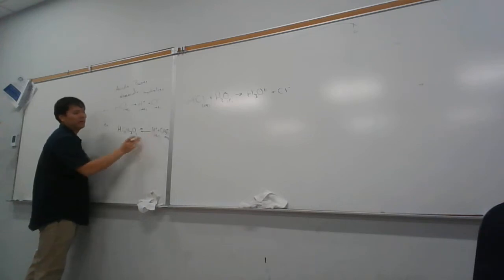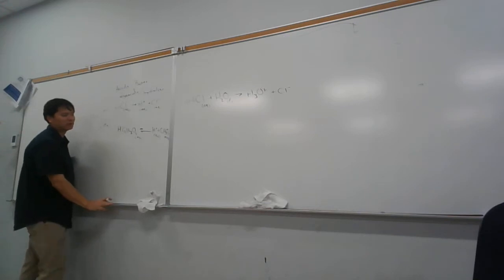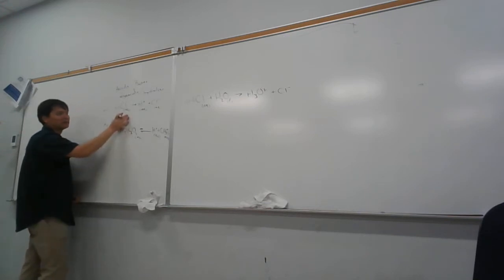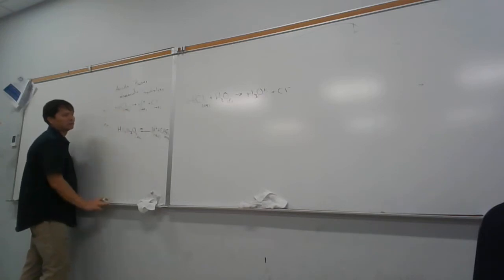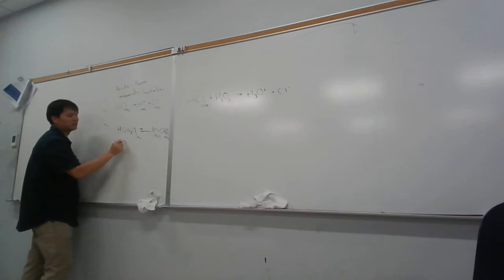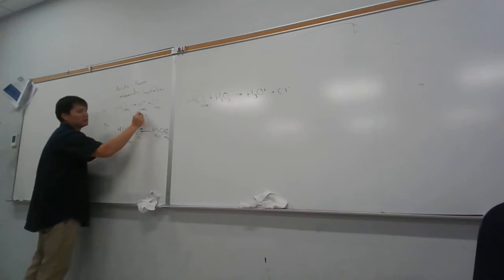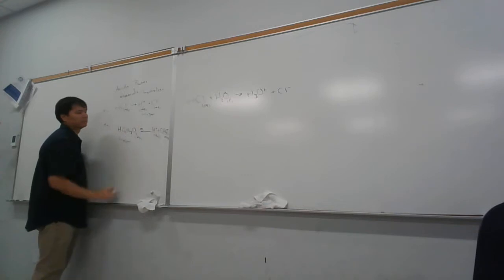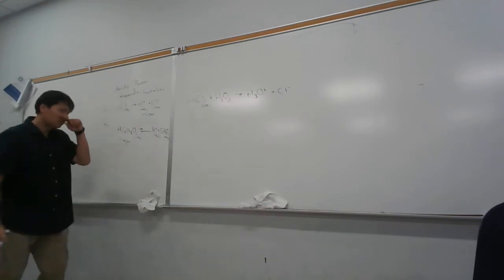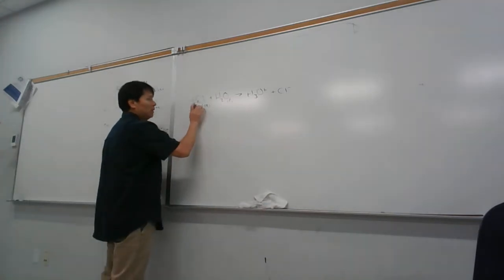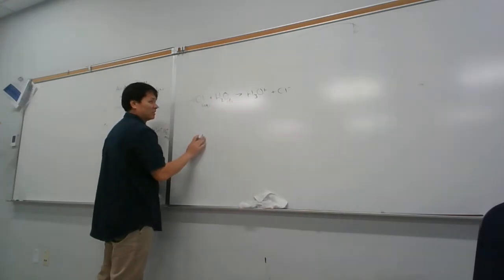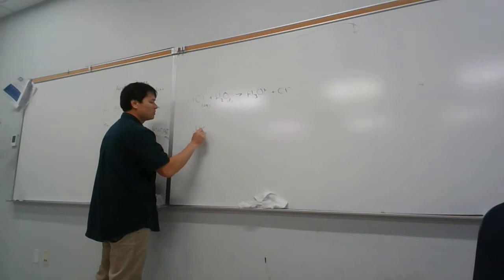And so we have a lot of molecules. We don't have that many ions. And so electrical conductivity is not going to be as high as something like this. Something like this has pretty much no molecules, all ions. And so over here, this is the major species, the molecules. Over here, this is the major species, the ions. And the same thing here. Strong acids hydrolyze completely, whereas weak acids partially hydrolyze.